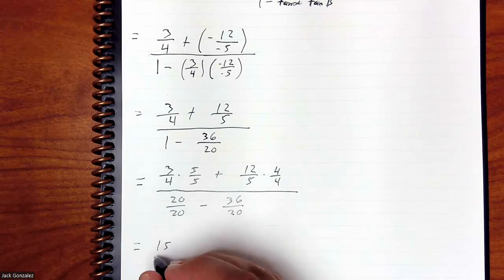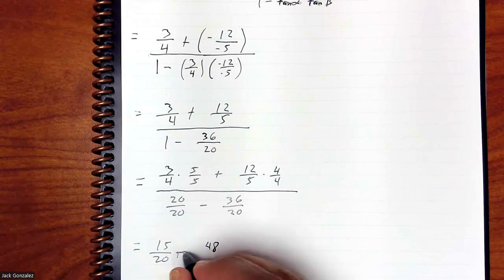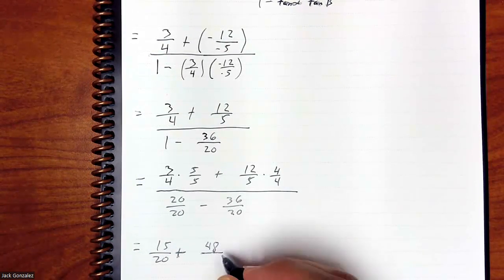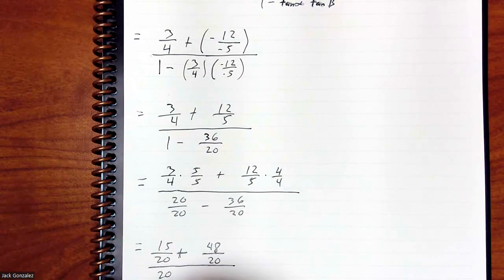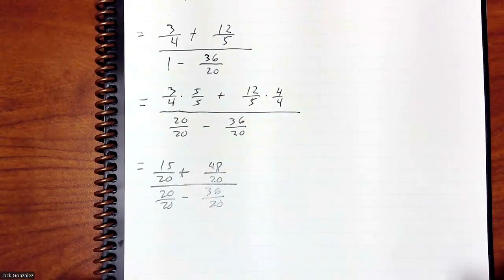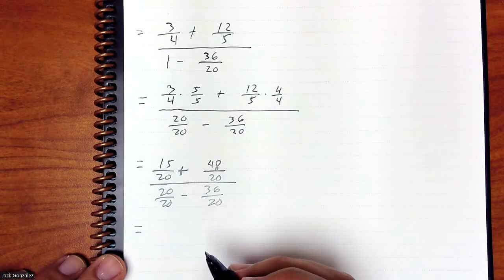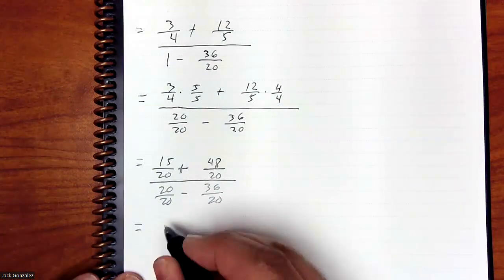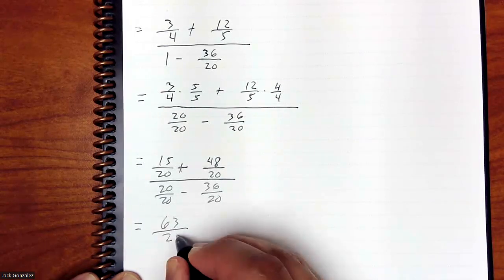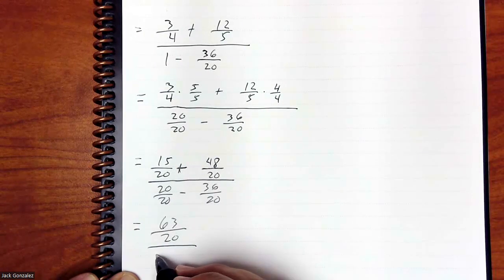This becomes 15/20 plus 48/20 over the same thing. 15 plus 48, 63, right? 20 minus 36, it's gonna be negative.